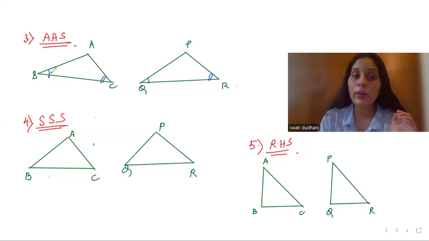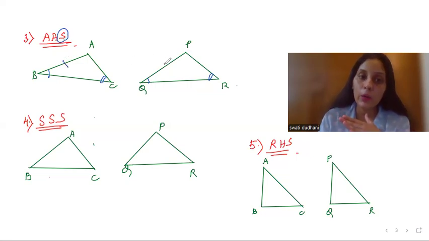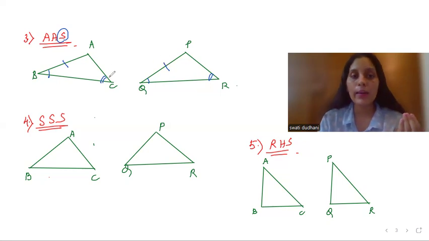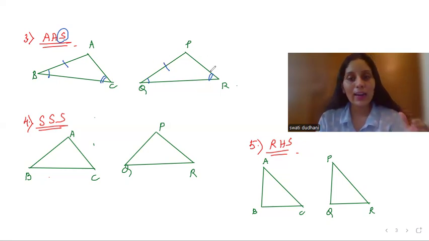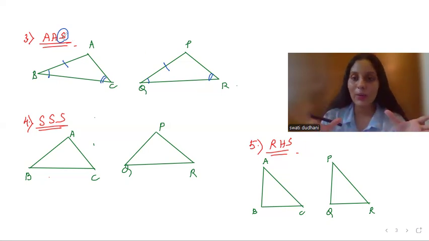BC is included because it is between the two angles. But here in AAS the side can be anything, either AB equal to PQ or AC equal to PR. So in that case, we say that the two triangles are congruent by AAS. So if the side is not included, then you use AAS criteria.